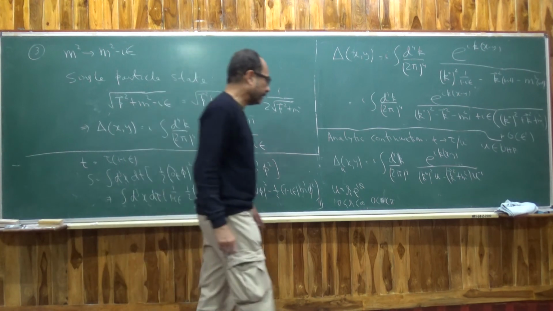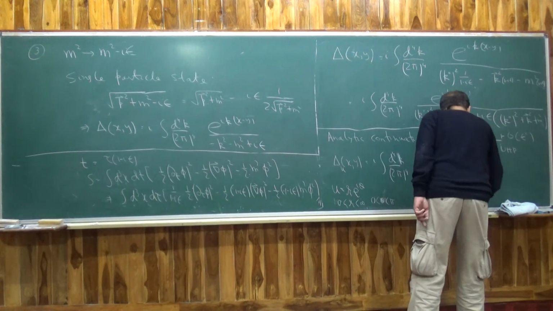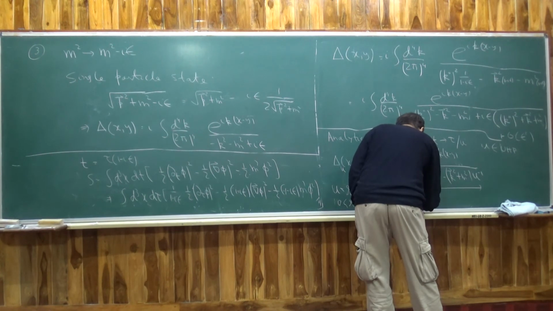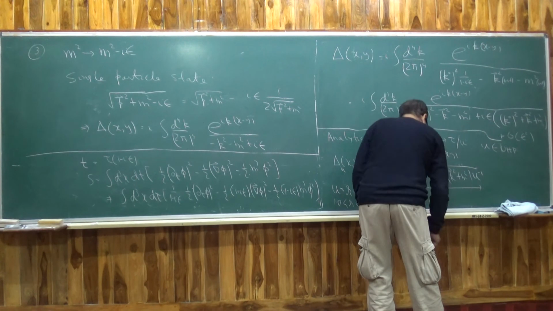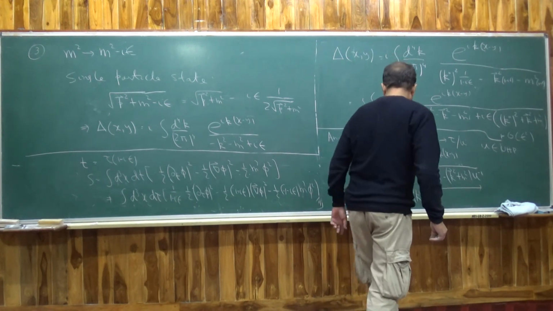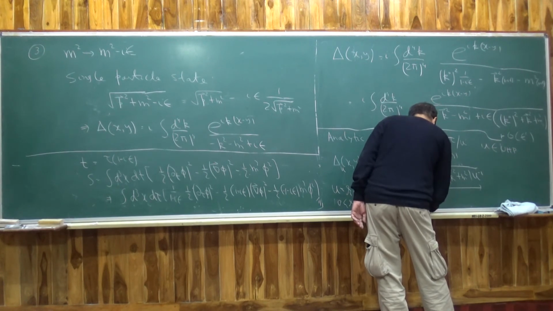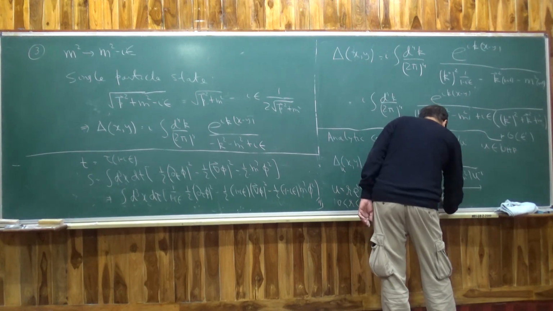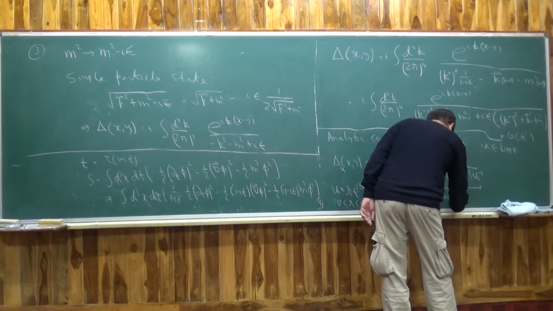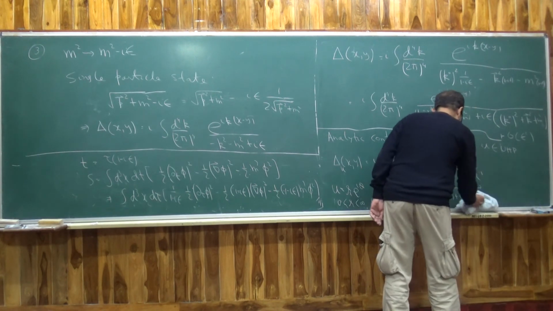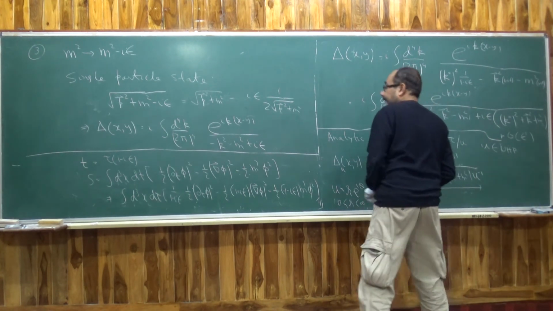So let's evaluate the denominator. You get k0 square by r times u. I can write u as r times cos theta plus i sin theta.